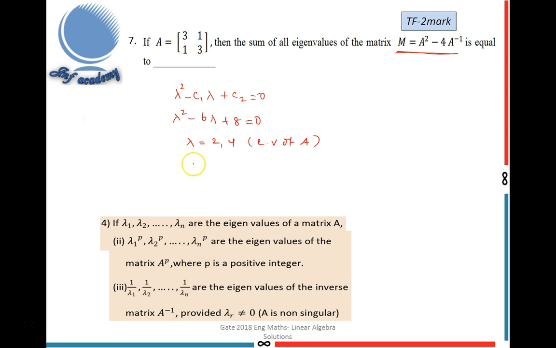By using these two properties, the eigenvalues of A squared are 2 squared 4, 4 squared 16.